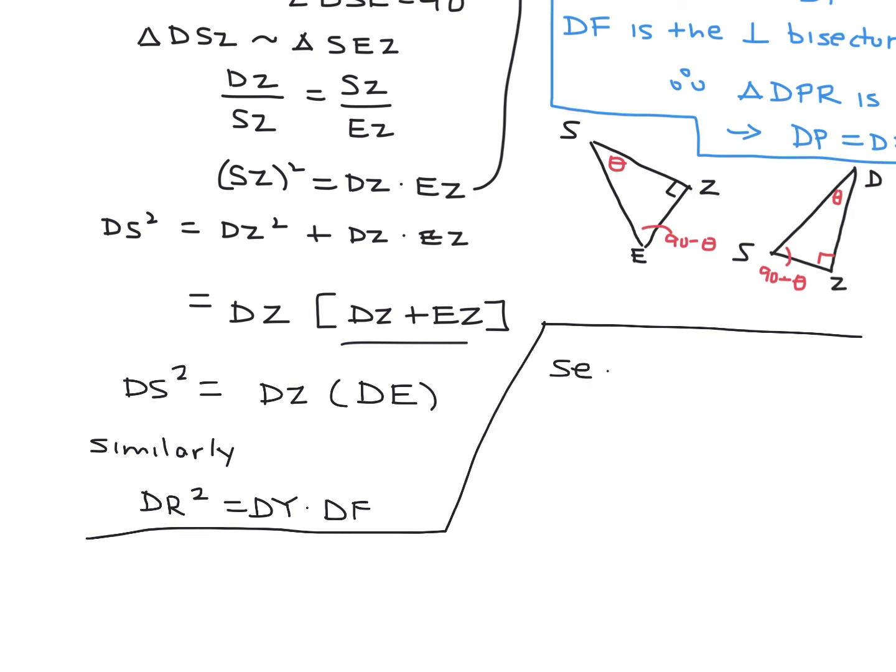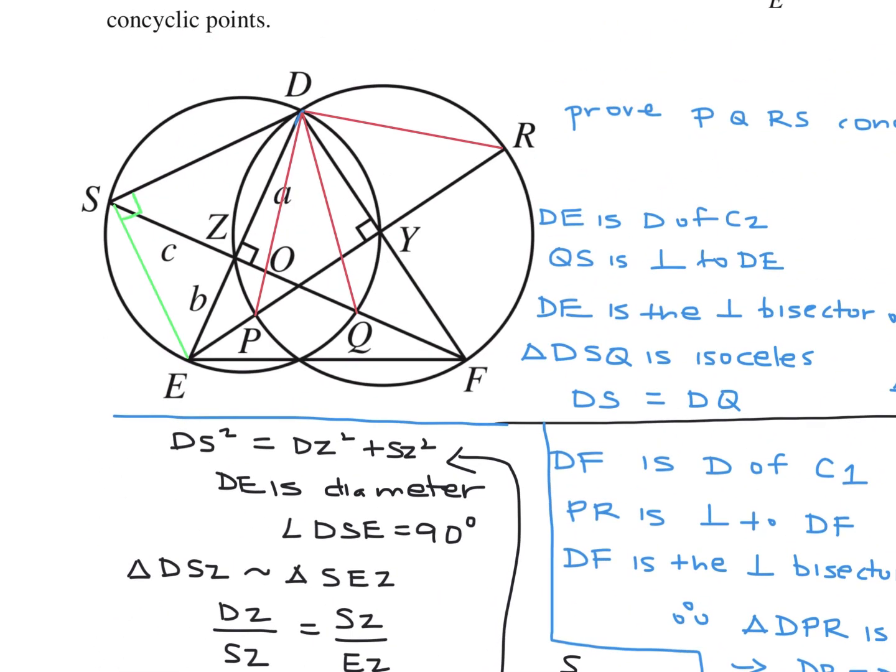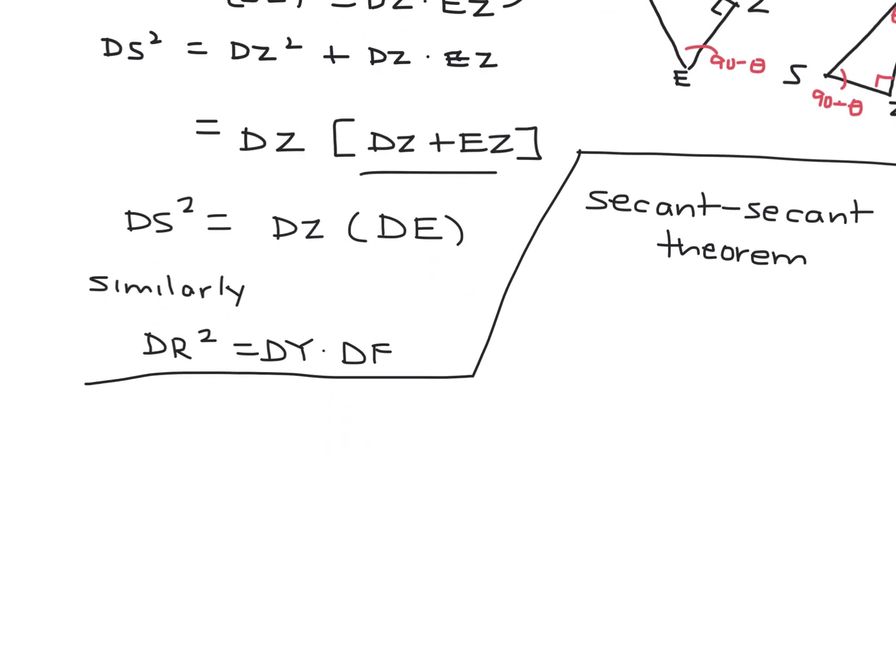There's something known as the secant theorem. In this particular diagram, the secant theorem would be that DZ times DE is equal to DY times DF. So that is the theorem.